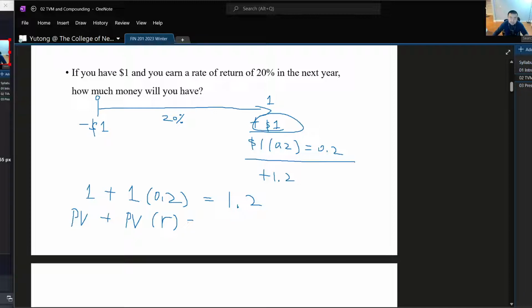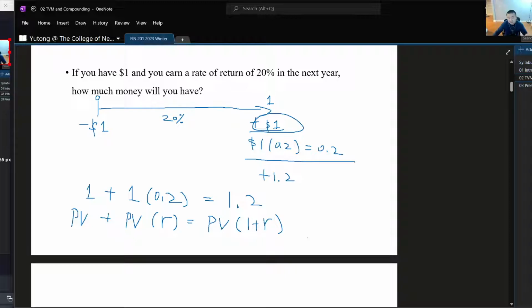So this is equivalent to PV, the present value, times 1 plus R, okay? Initially we have $1, which is the present value, and then we have 20%. So $1 times 1 plus 20% is $1.2. Okay, the numbers match. And what's the intuition again?